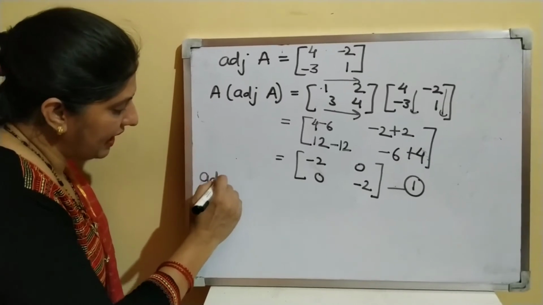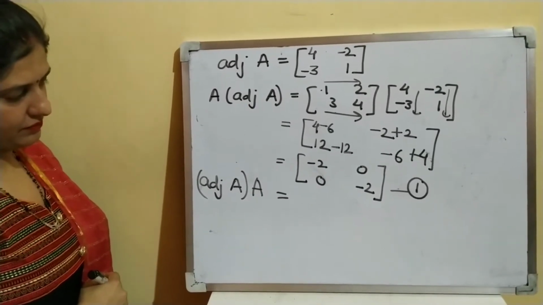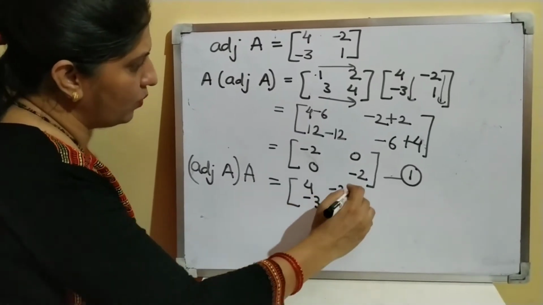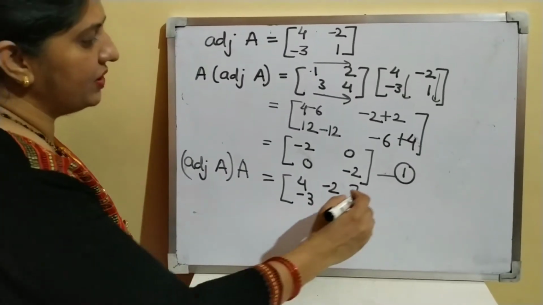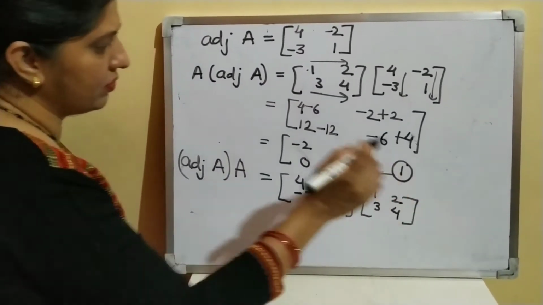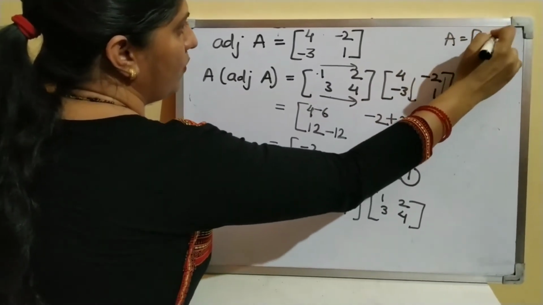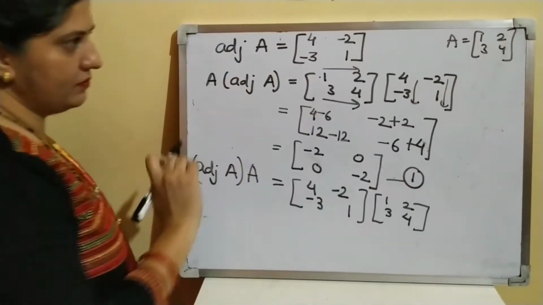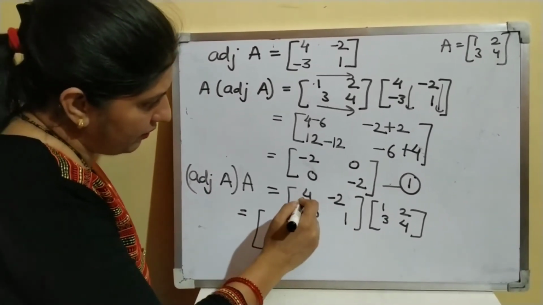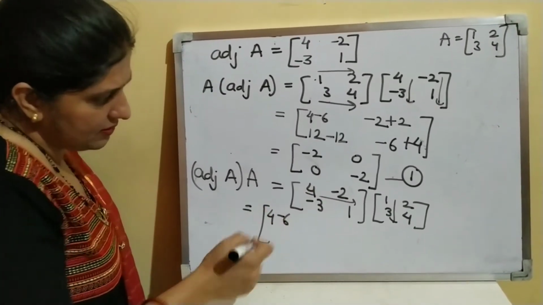Now we calculate adjoint of A into matrix A. Put the value of adjoint of A. 4, minus 2, minus 3, 1. Multiply it with matrix A. We have matrix A 1, 2, 3, 4. Now just multiply these two. What we get? First row with first column, 4 into 1, 4, minus 3 into 2, so 6.